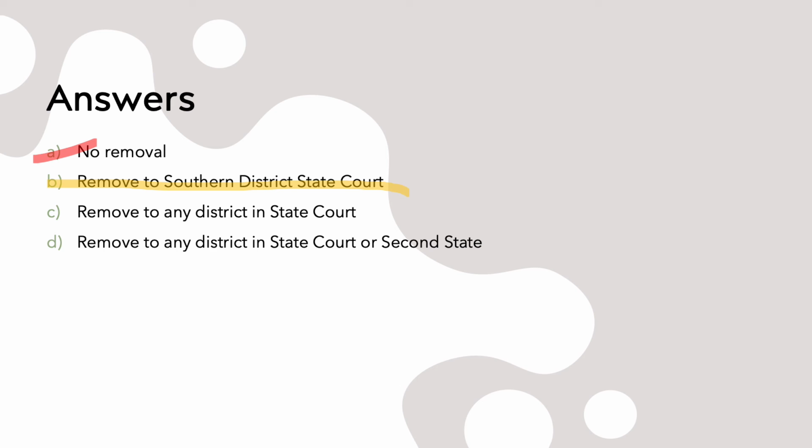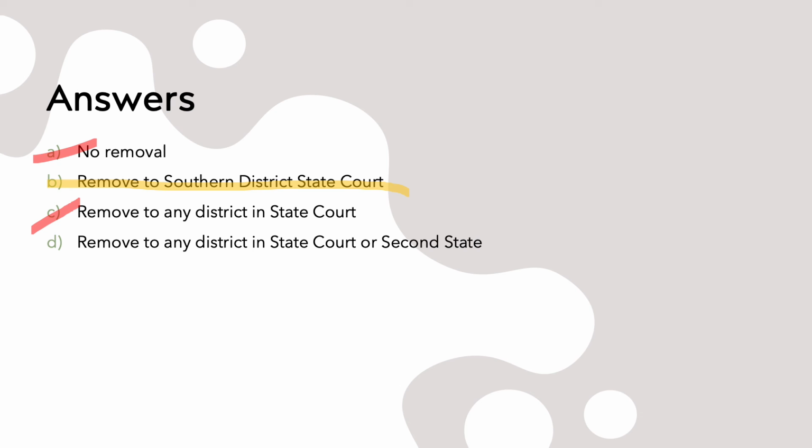For all we know, there's no one residing in the Western or Eastern District, and none of the actions or occurrences arose in the Eastern or Western District. That's way too broad and way too burdensome. We're not going to make all of the defendants and the plaintiff transfer their case to some random district in the state.